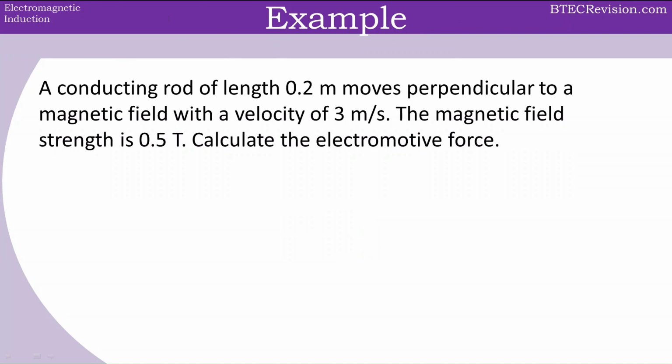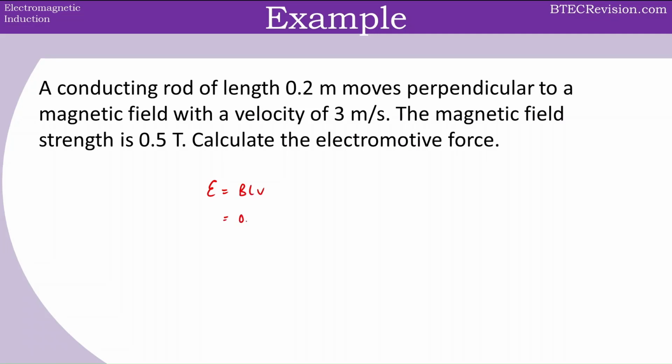Now, let's look at the second example. A conducting rod of length 0.2 meters moves perpendicular to a magnetic field with a velocity of 3 meters per second. The magnetic field strength is 0.5 Teslas. Calculate the electromotive force. We can start by writing down our equation. EMF equals BLV.